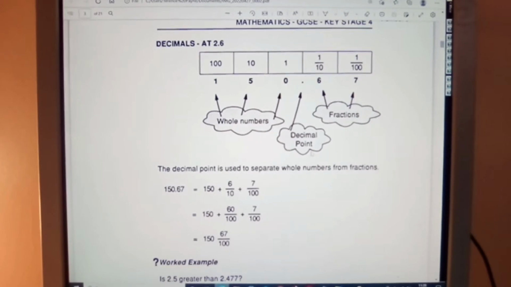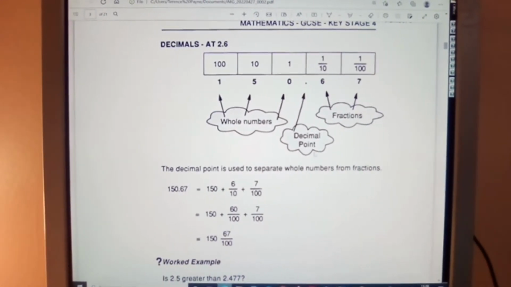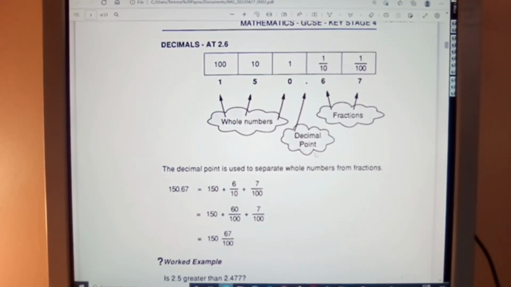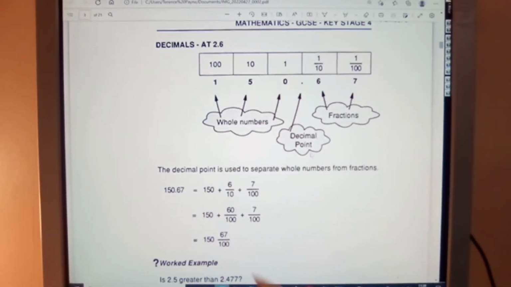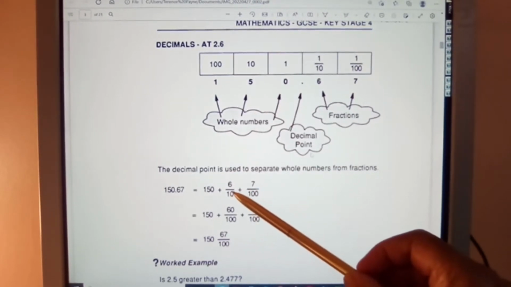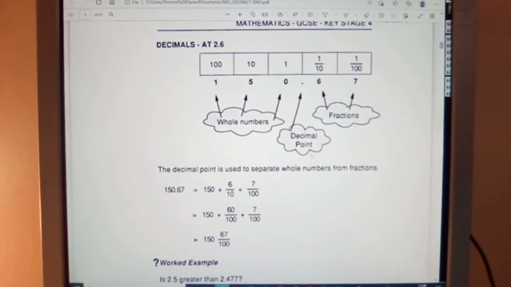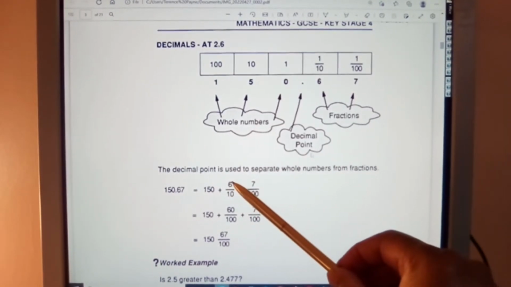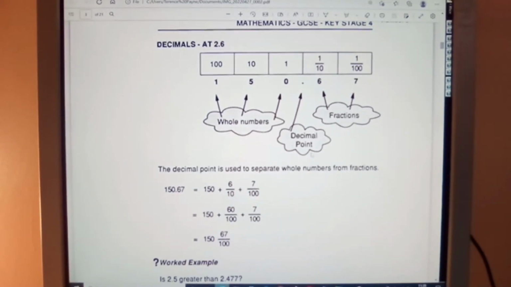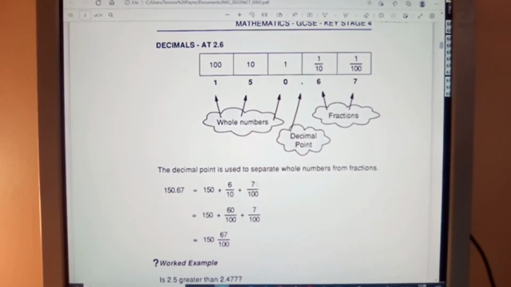What we are looking at now is trying to bring these two to the same denominator. If we multiply that by 10 and that by 10, let's look at what happens.